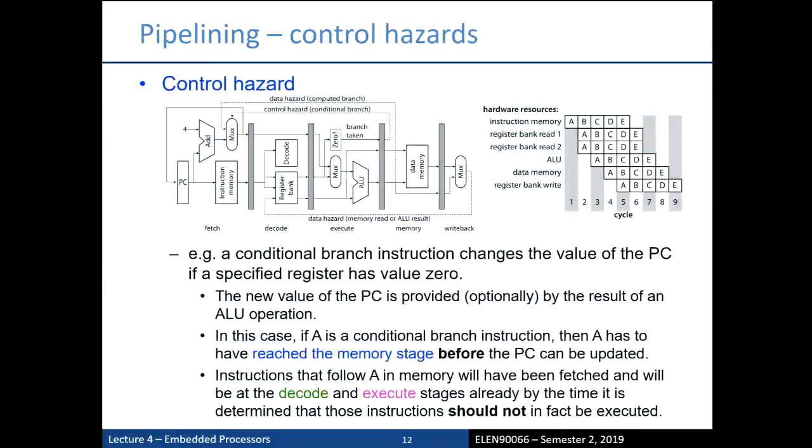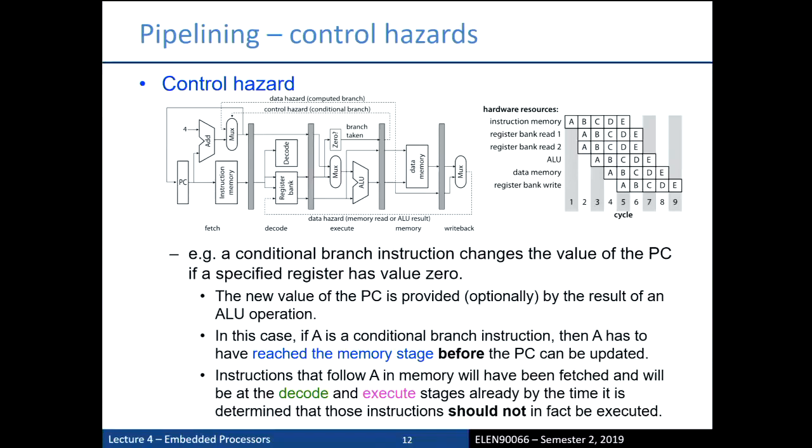Okay, what about a control hazard? That's also a problem. So we've got data access problems in the pipeline, but we've also got control problems, and this is the cool one. Okay, let's consider A is now an instruction that says branch. It's a branch instruction.